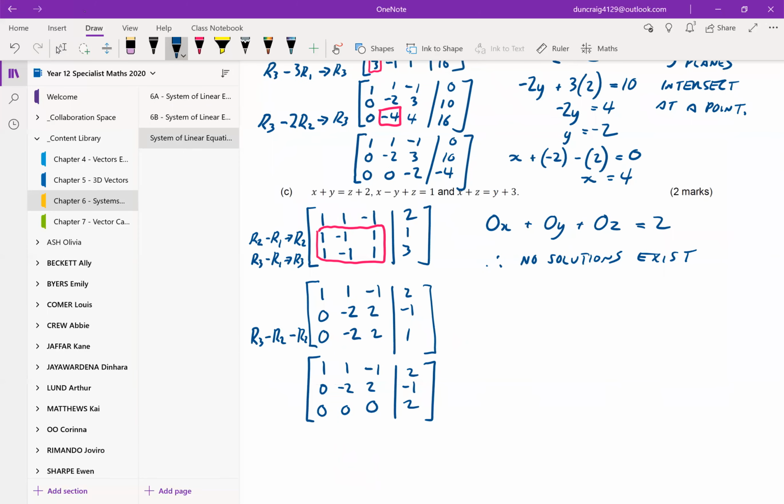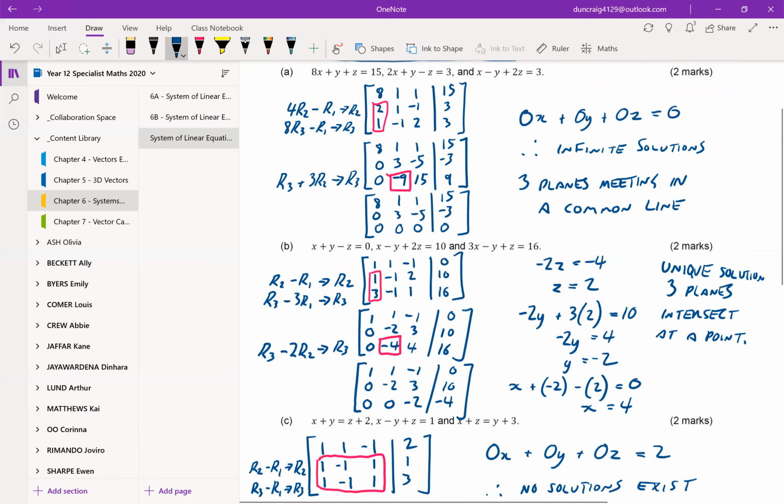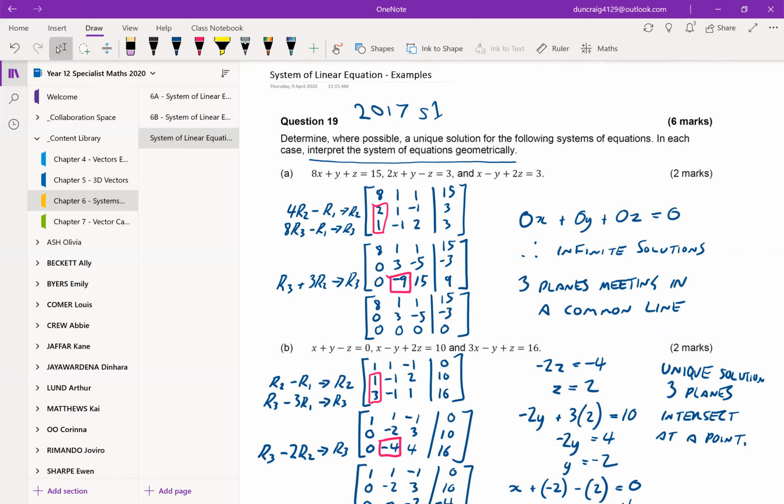No solutions exist, and what we have is two parallel planes with another crossing through in that scenario there. Alrighty, so there we could basically determine those ones there.